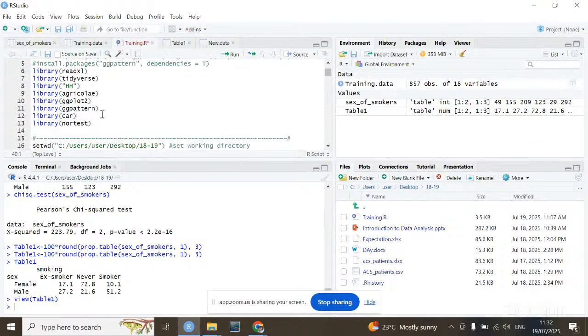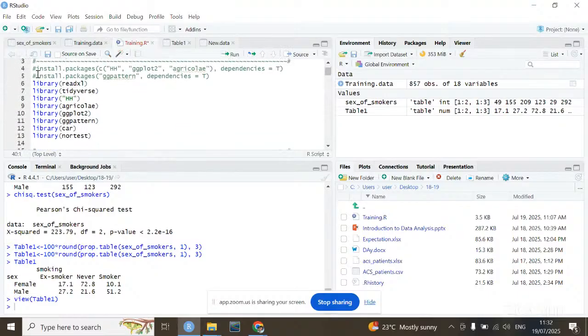Let me go to that section. Once you have already installed the packages, you don't need to reinstall them. You just need to load them. If you were working on R and you have loaded the packages, but you have not closed R, you can just continue using the packages.